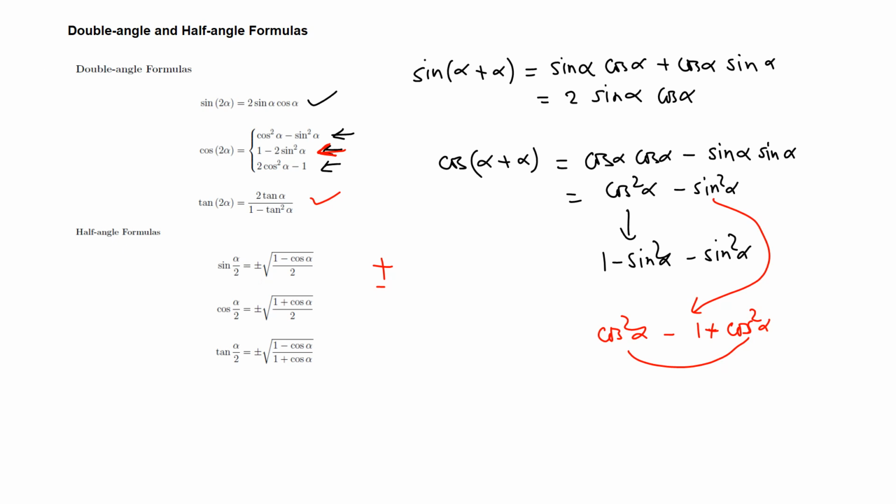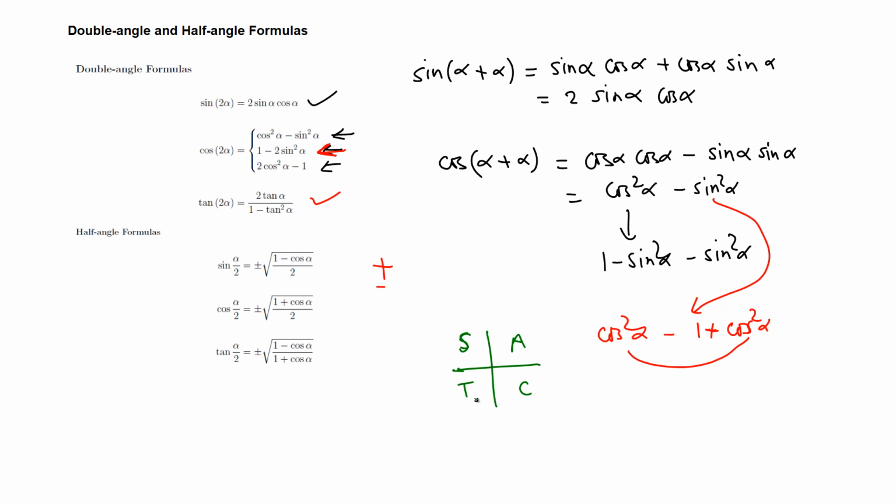As we know, the sign depends on the location of the angle alpha over 2. All students take calculus. So if alpha over 2 is in the second quadrant, then sine is positive, so we take positive.